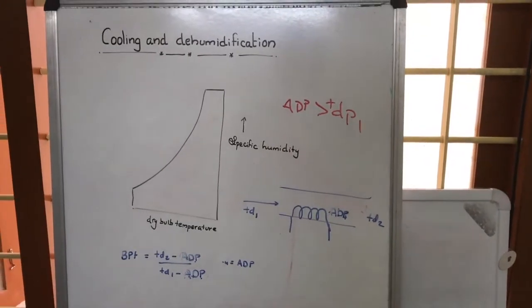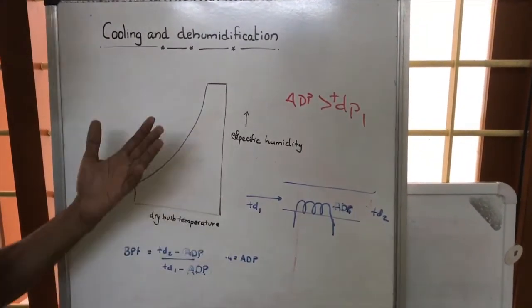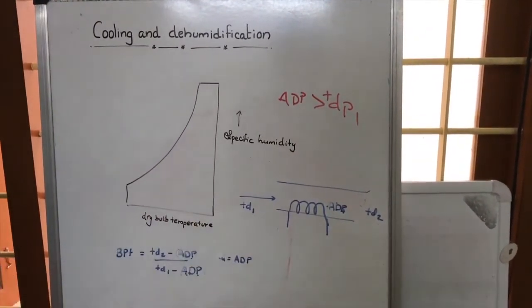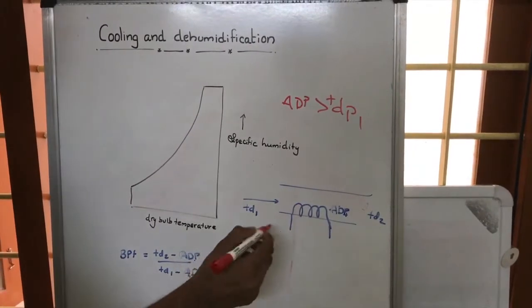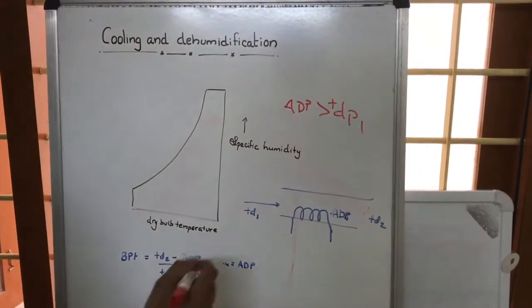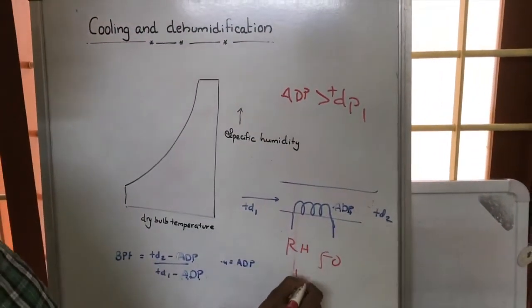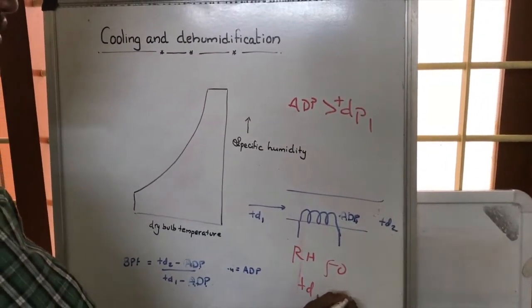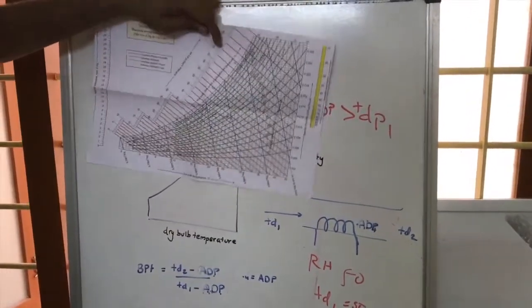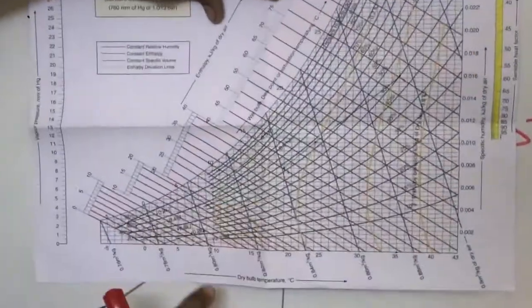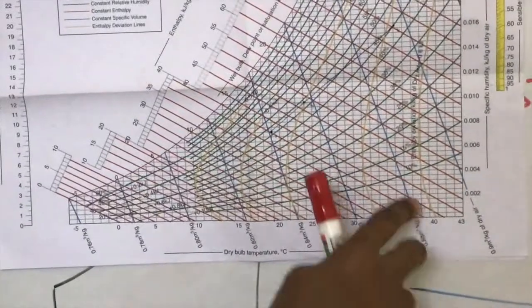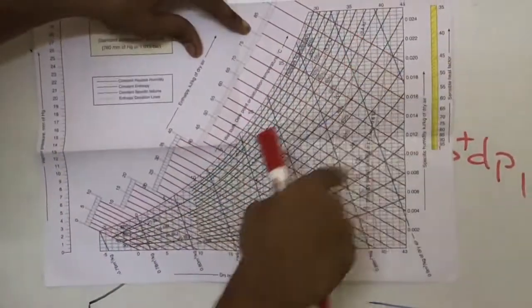First we have the relative humidity and dry bulb temperature of the entering air. Let us take relative humidity as 50 and TD1 as 35. We have this psychrometric chart, with the dry bulb temperature along the axis and relative humidity given in these green lines.